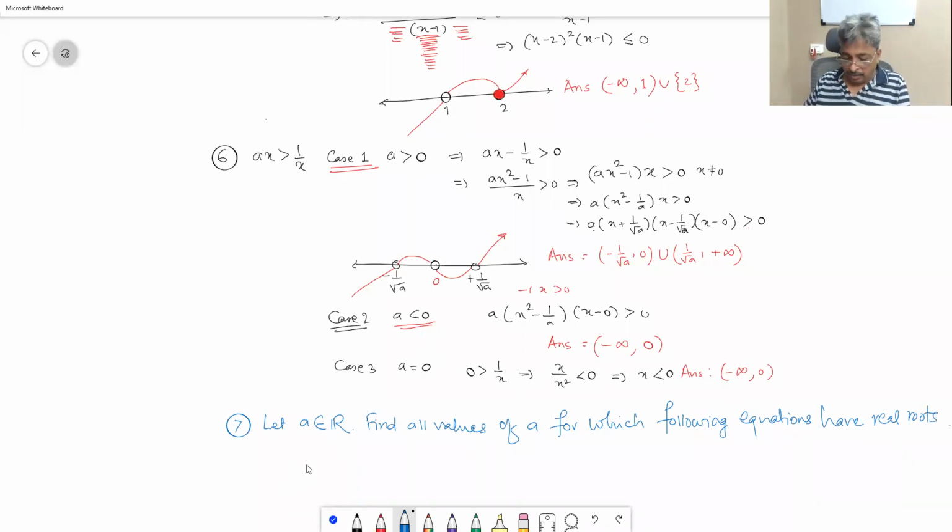One by one, there are different problems. Problem number 1, part I: x square minus ax plus 36 is equal to 0. Find all values of a such that this quadratic equation has real roots.